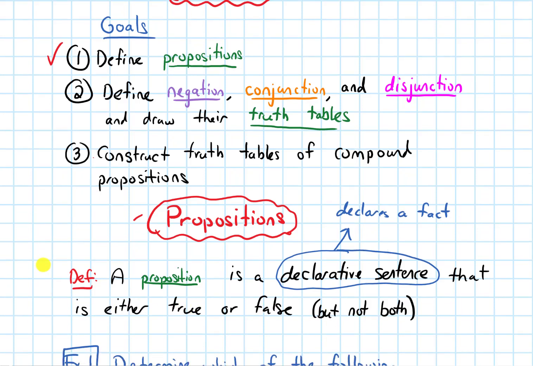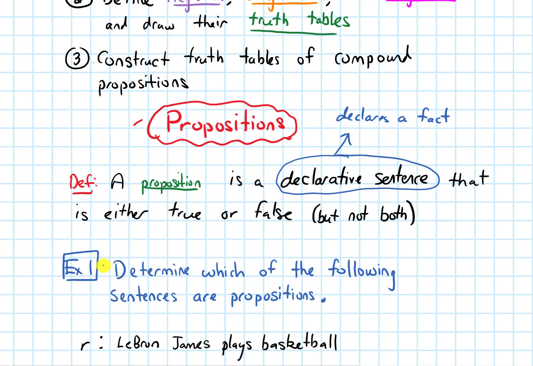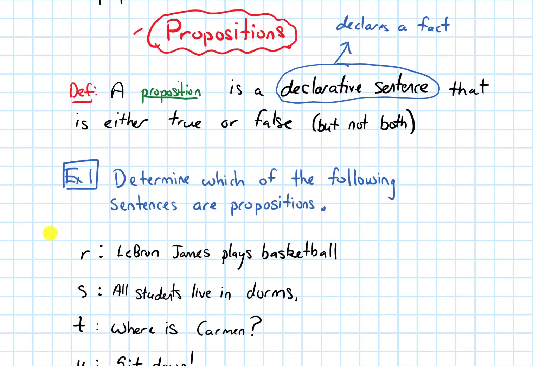Okay, so let's do an example where we test some sentences to see if they're propositions or not. I have these sentences labeled with letters. For example, sentence R says LeBron James plays basketball. This is declaring something that's either true or false, namely that LeBron James plays basketball.